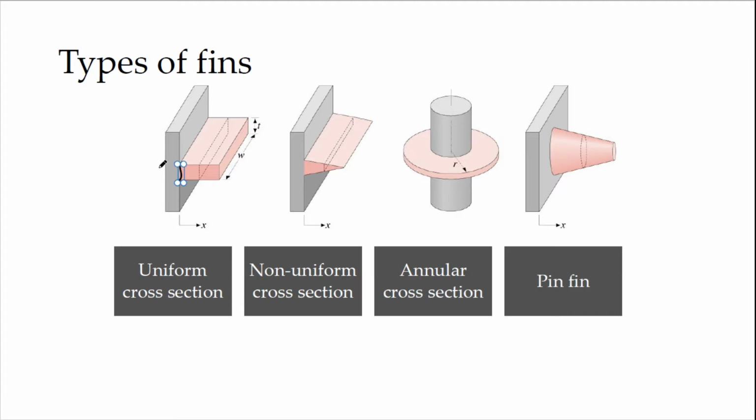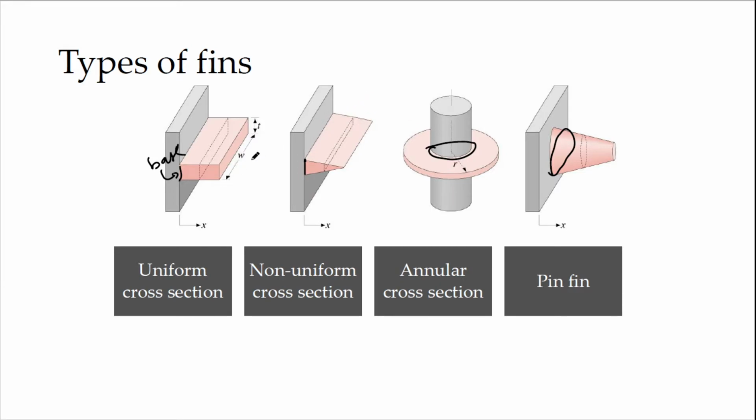So this is the base. This one is the base. This round circle is the base, and this one is the base. So we can have a variation of area, or design, I would say.